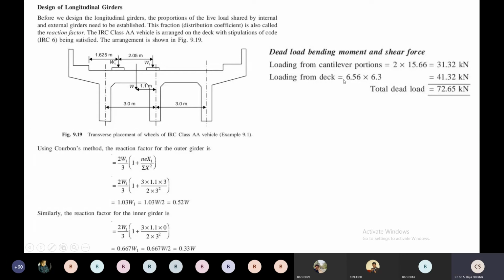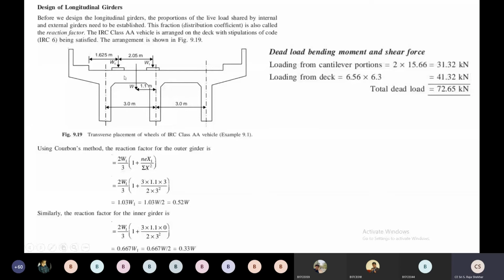Loading from the deck slab is 41.32 kilonewtons. The total load coming onto the longitudinal girder, the total dead load, is 72.65 kilonewtons. We only consider the load from the cantilever portion and the load from the deck slab.